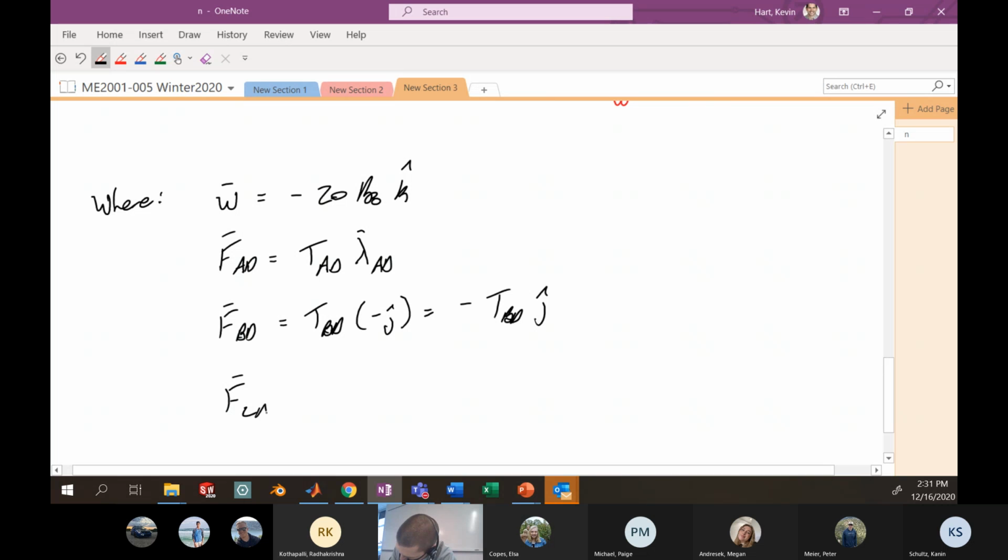And then CD, obviously, is the tension. CD is what we're after in this problem. And I don't necessarily know where that's pointed quite yet. So let's just say that this is pointed in an arbitrary direction, which is a unit vector defined along the points between C and D, lambda CD.